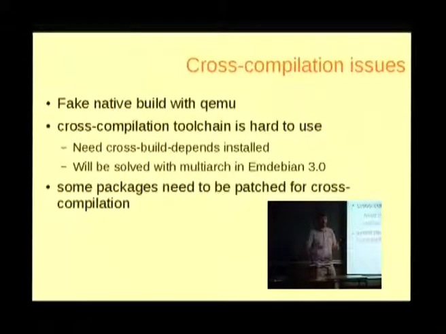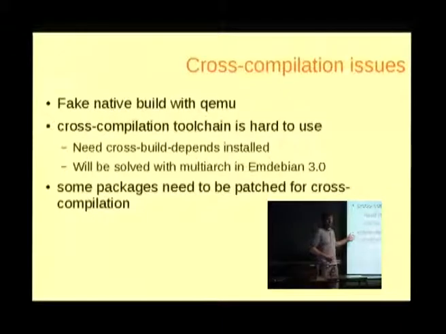So it's almost as if it's native compilation. So this development has basically been put on hold until Wheezy is released. And in Wheezy, it's going to be much simpler to do cross-compilation. But I haven't seen it yet, so I can't really give much details about that.